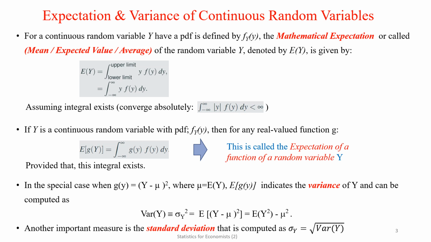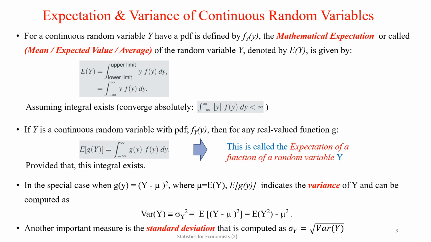The expected value of a certain function of y is the integration from negative infinity to infinity. Instead of integrating y, we integrate g of y, and don't forget to multiply by the PDF itself, f of y dy.